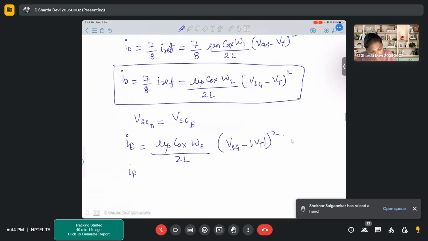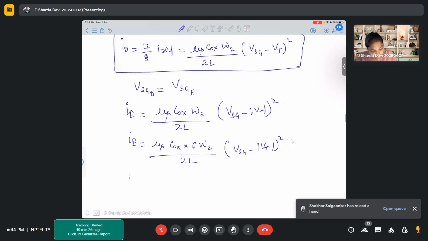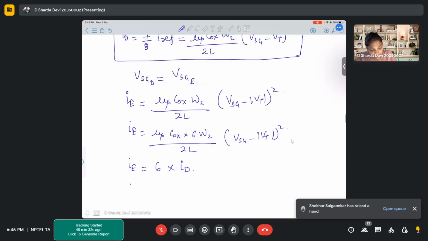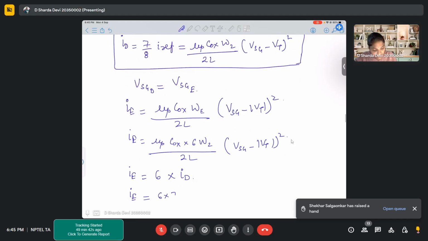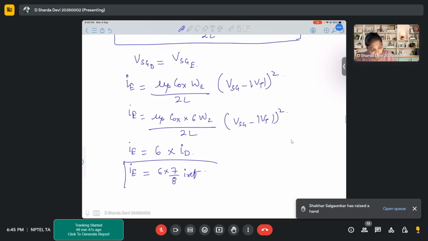So IE is mu p Cox into 6 W2 by 2L (VSG minus mod VT) whole square. So IE is equal to 6 times of ID, correct? Because if I remove the 6, everything else is similar to ID. So it is 6 into 7 by 8 times of IREF.